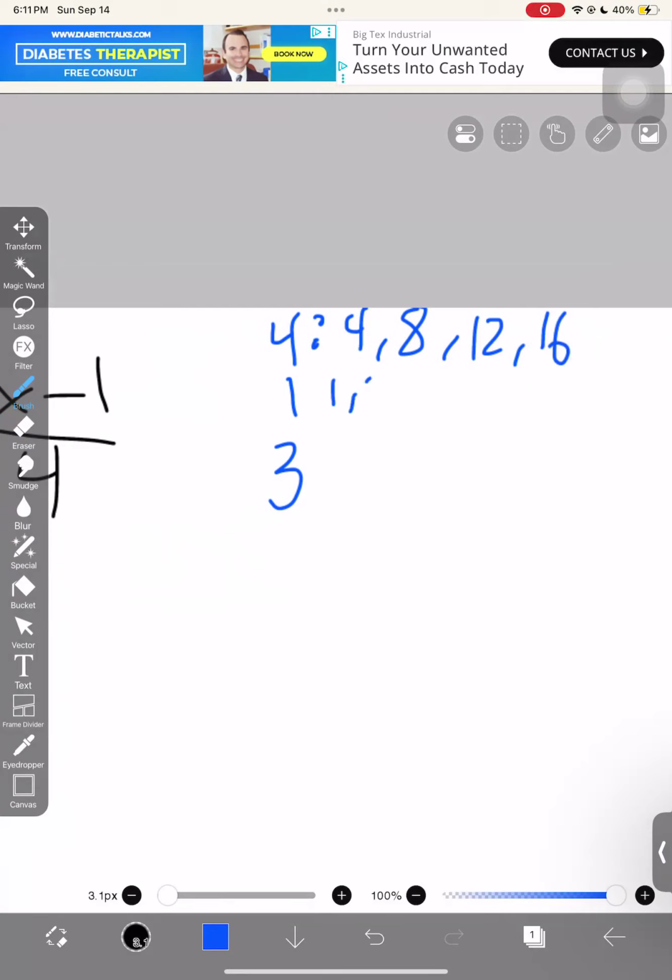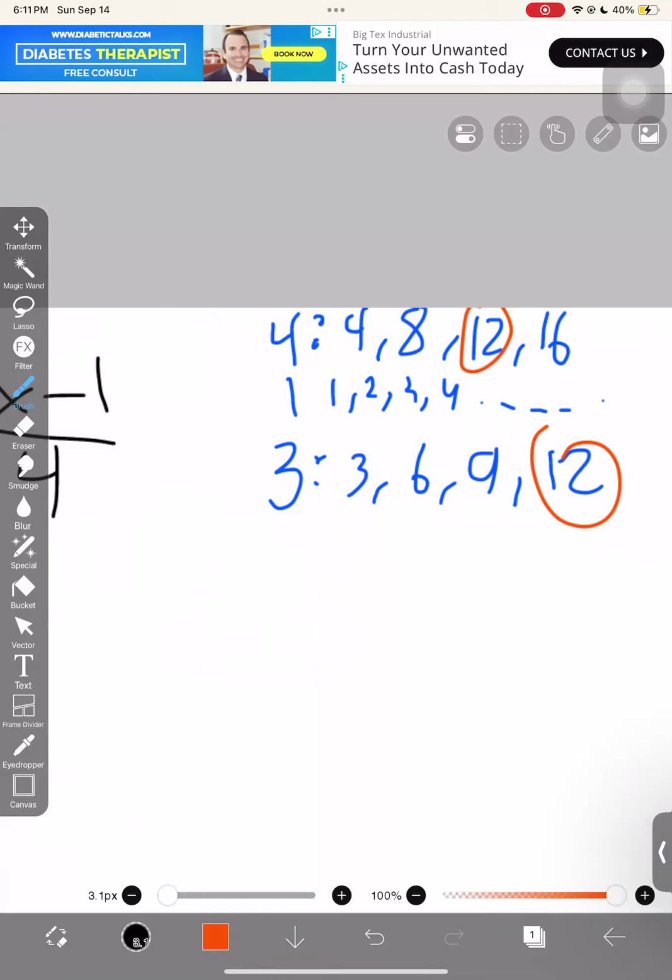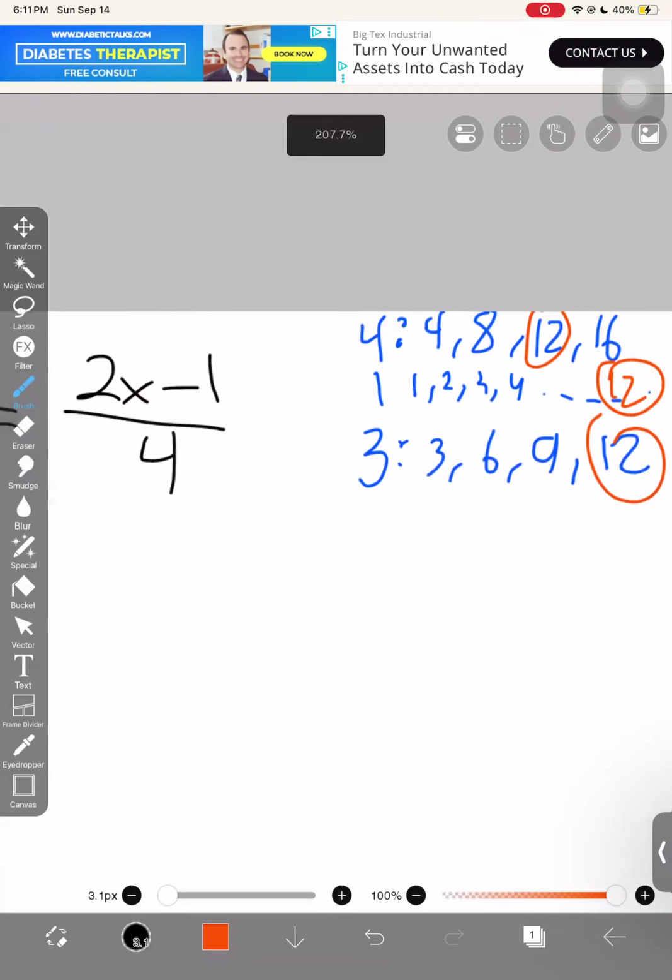We have 1, 2, 3, 4, dot, dot, dot. We have 3, 6, 9, and 12. And notice that 12, 12, and if we continue with 1, we'll eventually see 12 is the least common denominator or the least common multiple, and that's what we have to do.